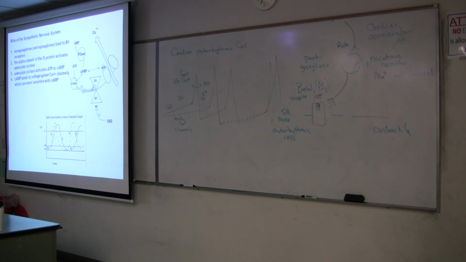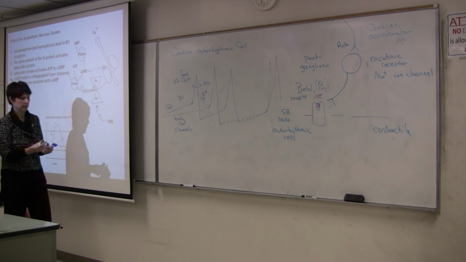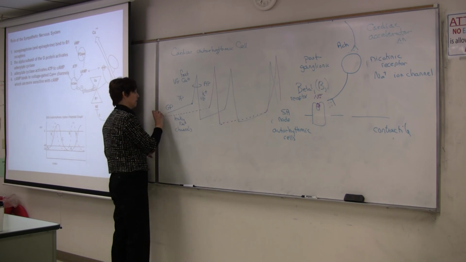So if we diagram that on the whiteboard, it's going to take less time because we're adding positive ions in addition to the ones that are passing through the leaky sodium channels.